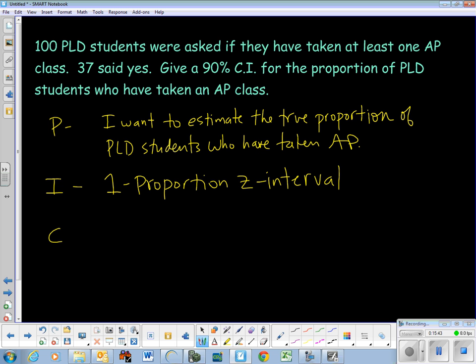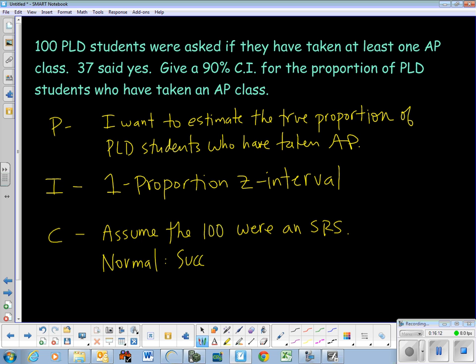Conditions. What conditions need to be true? Well, I did not say that it was an SRS, so what I need to do is assume the 100 were an SRS. I should be using context. Forgive me, I'm just trying to keep this video short. Bad example. Random, normal, and independent. Normal.